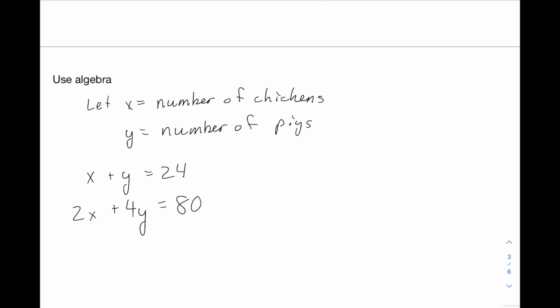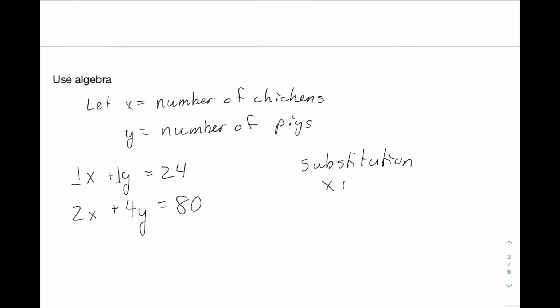And then we can use any algebra strategy that we like. Here you might want to use substitution, you might want to use elimination, or whatever other strategy that you have. I'm going to go with substitution, which means that I'm going to take this first equation, where the coefficients are 1, and solve for one of the variables.